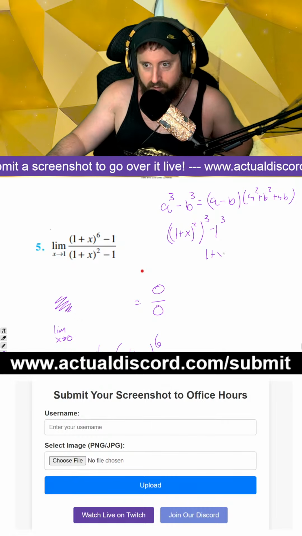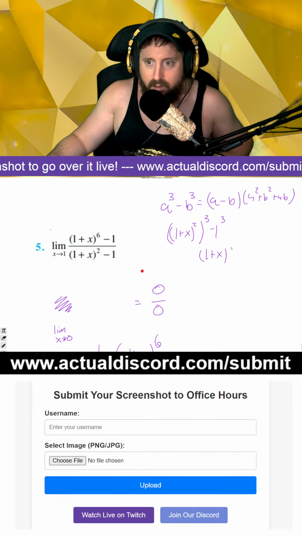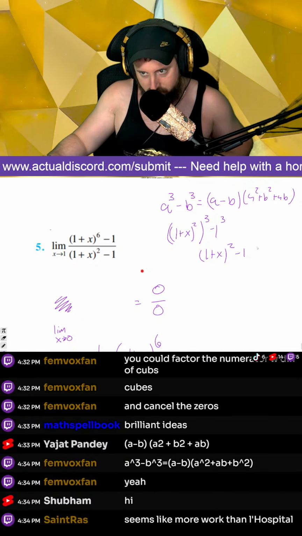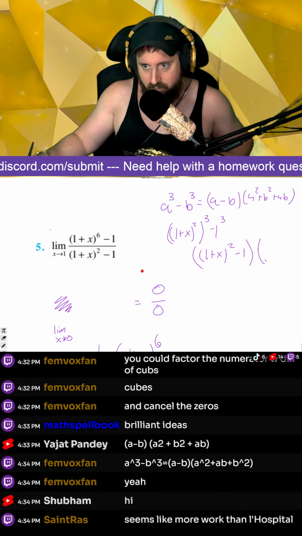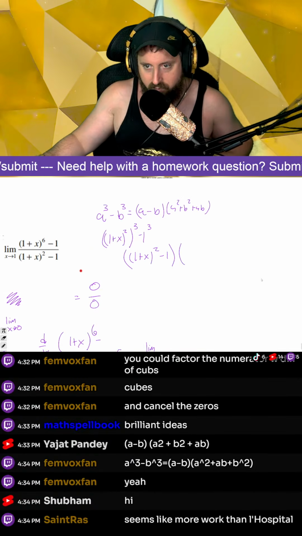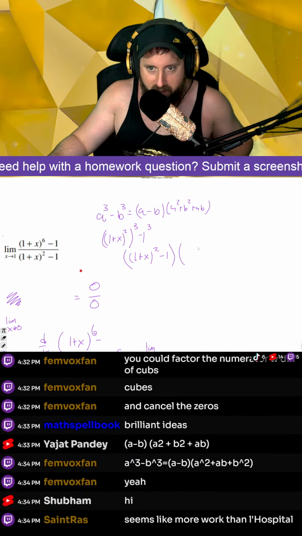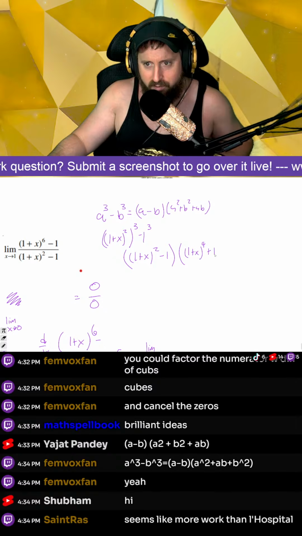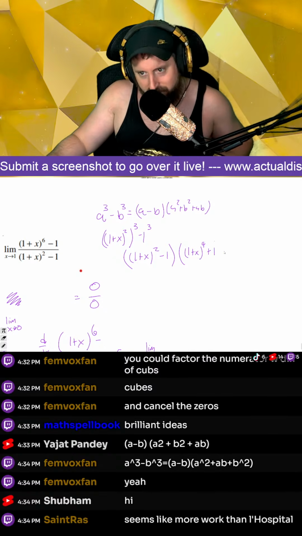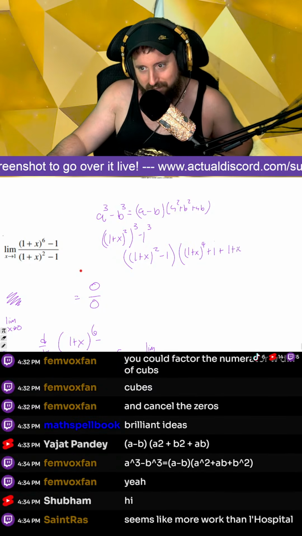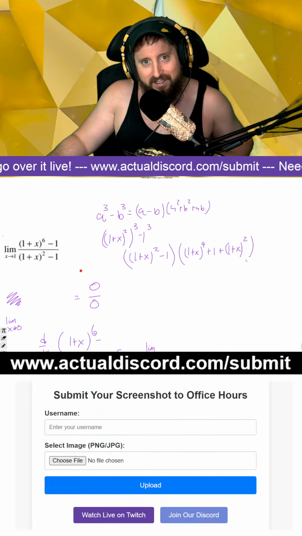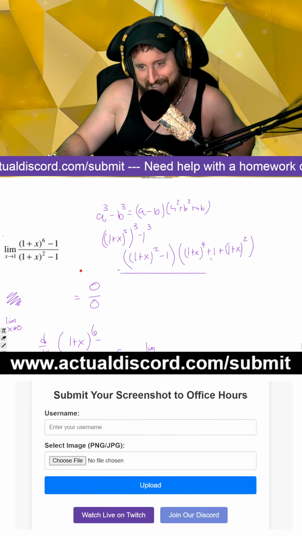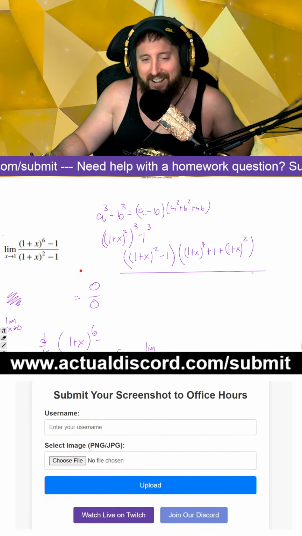So that becomes 1 plus x squared minus 1 times... Ooh, that's kind of messy though, right? 1 plus x to the fourth plus 1 plus 1 plus x squared. I'm not sure if this is... This seems like a lot more work than L'Hopital's, yeah. I don't know if I like this. Oh, but I get it.